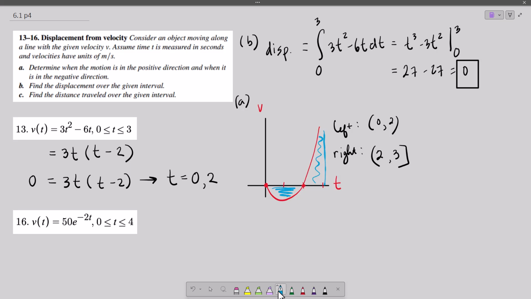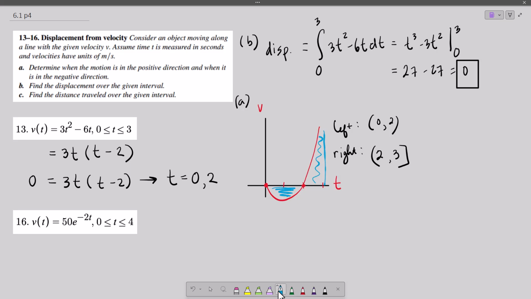Is it obvious that those two areas are equal? Because if the displacement is 0, that means the negative and the positive have to have equal area, right? It's the only way we could get a total of 0 is if this upper area and that lower area are actually equal in area, so that when we do upper area minus the lower area, we actually get 0.